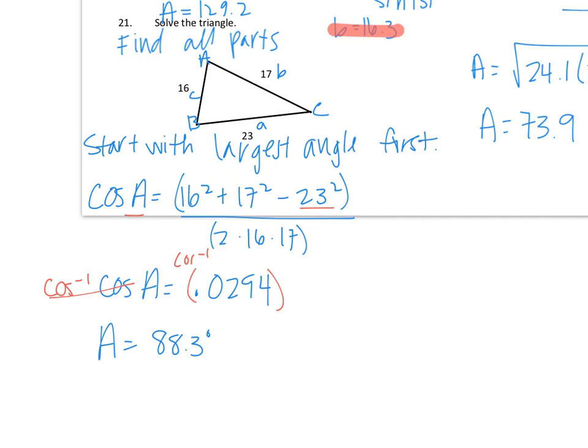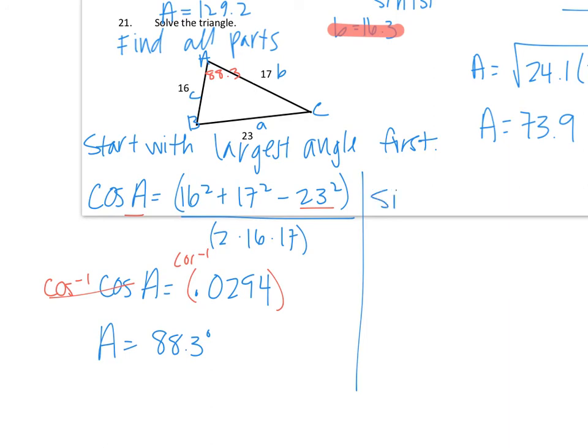You could do all this again, but I'm actually going to switch to law of sines. I feel like it goes a little bit faster. Now we can pick B or C. I'm just going to go with B next.